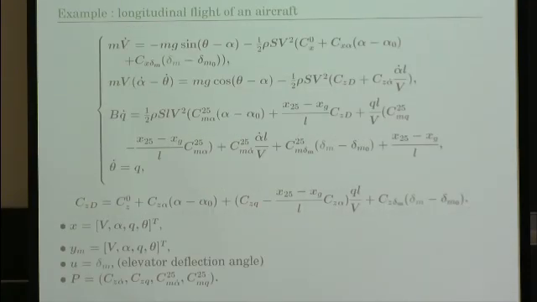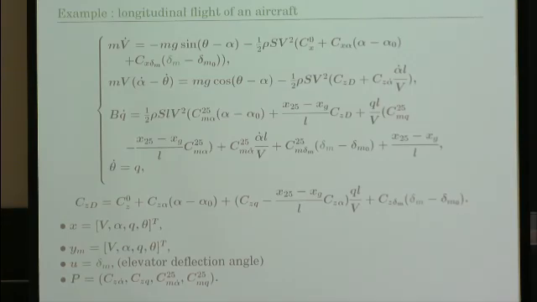Now, an example of application of this approach. This example describes the longitudinal flight of an aircraft. In this example, the state variables are given by v, the speed of the aircraft, alpha, the angle of attack, q, the pitch rate, and theta, the pitch angle.